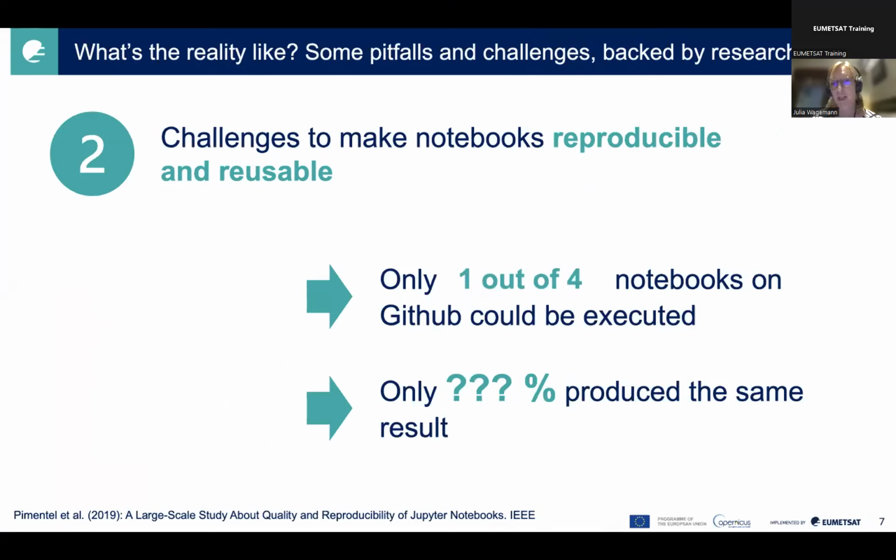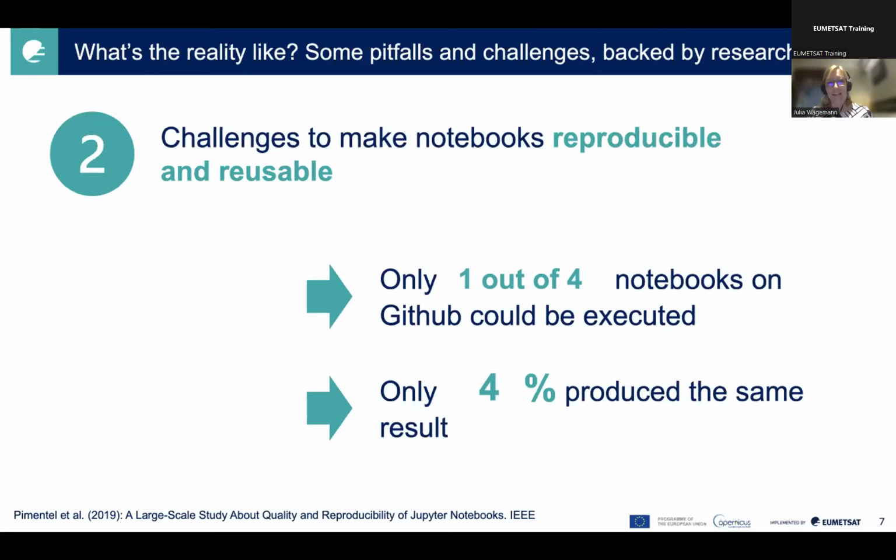Regarding execution, it was exactly 25%, so one out of four notebooks on GitHub could be executed. Only 25% of these 10 million notebooks. And regarding reproducibility, the majority of the course participants today were also right: only 4%, really less than 10%, produce the same results.